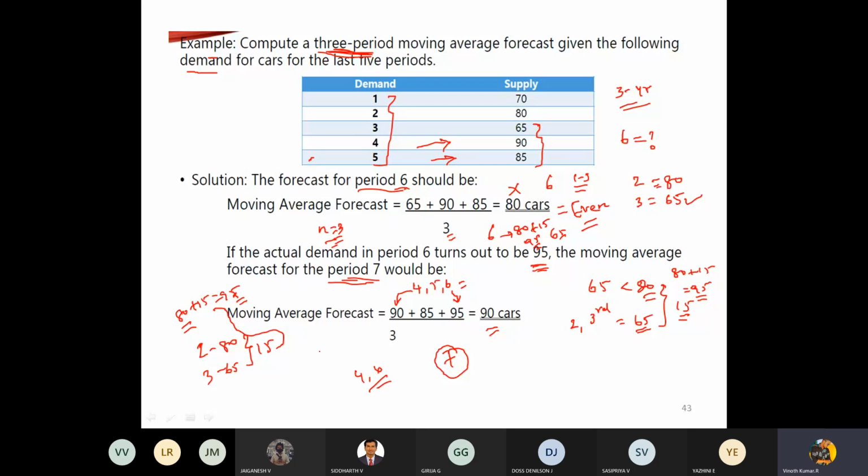What is the fourth value? It is 90. And the sixth value is 95. So your value will be lying in between this 90 and 95. Your value is 90. So here no need to center that value, because it is lying in between 90 and 95.